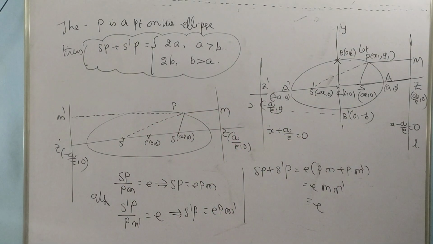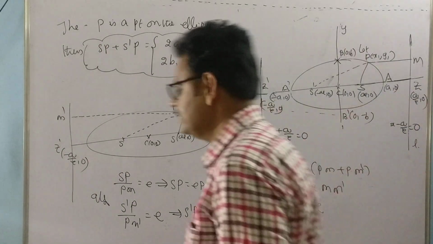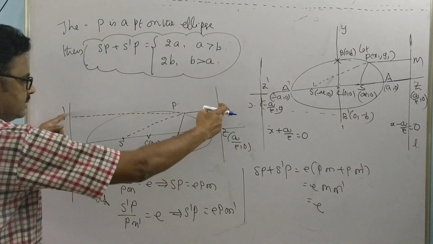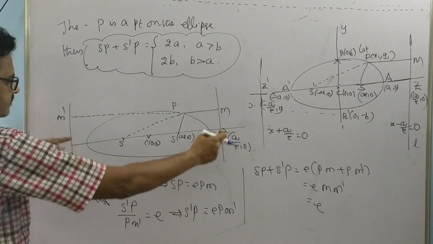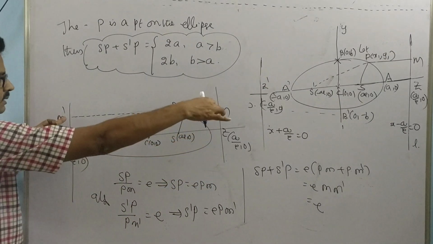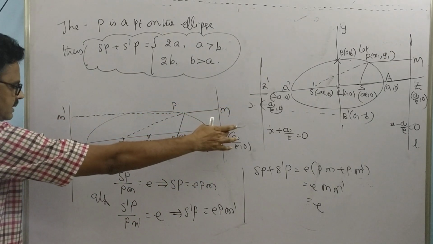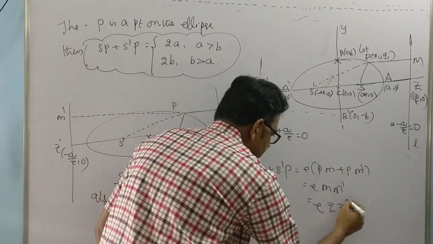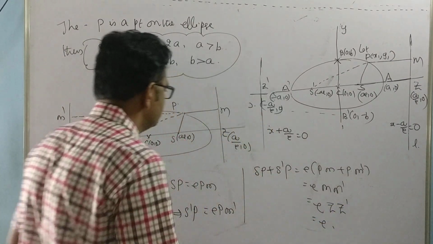MM dash is nothing but Z dash, that is E into, what about Z dash?